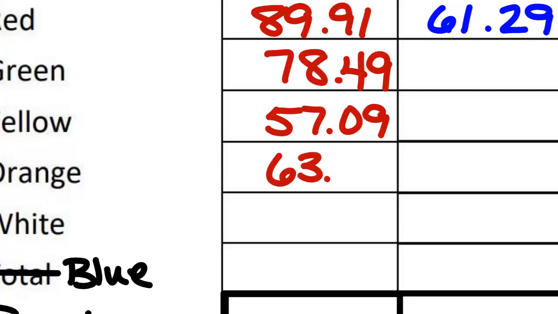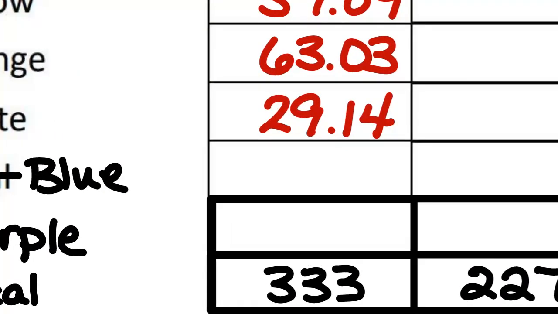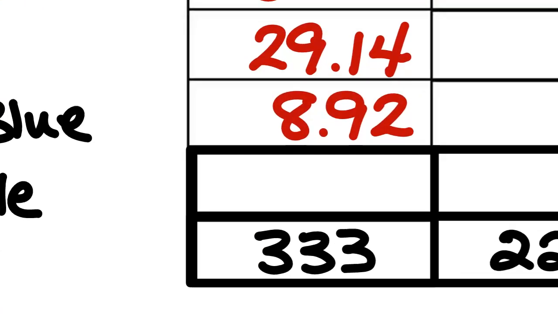You said 63.03? White Haribo. You said 29.14? All right. Blue Haribo. You said 8.92. And purple Haribo? 6.54.